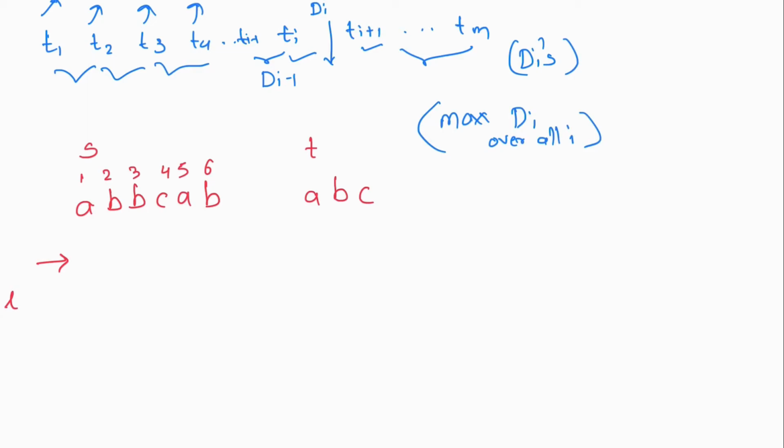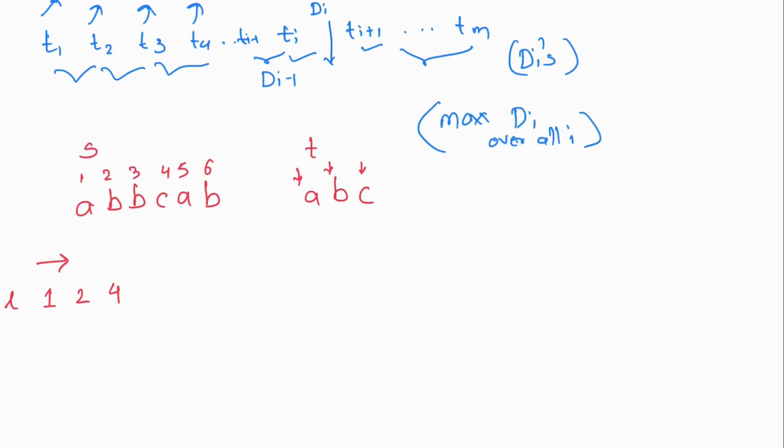While traveling from left to right, I will first try to find a in s. The first position where I find a is 1. Now I will try to find b. The first position where I find b in s is position 2, so I will take that position. Now the first position where I find c in s going from left to right is 4, so I will take that into account.